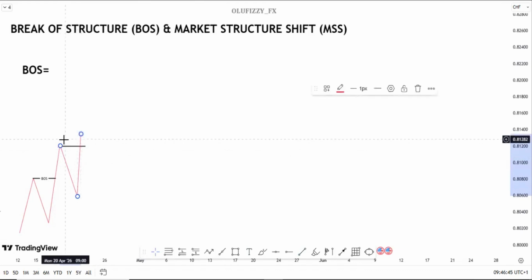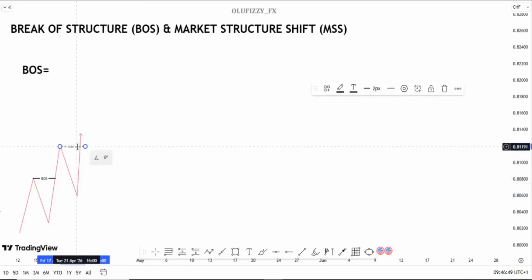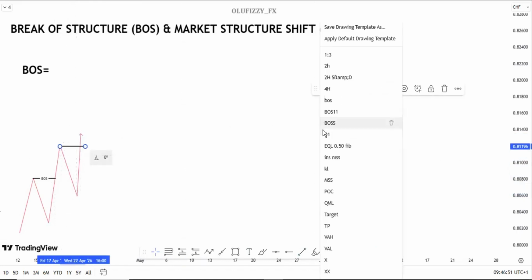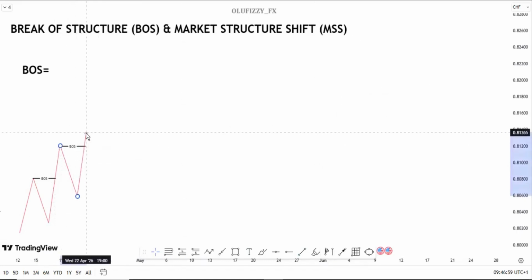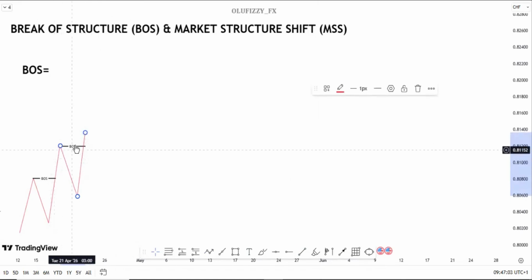When price breaks this high, that is when we consider this level as break of structure. So when price breaks above the previous high, in the direction of the trend, that is what we know as break of structure.